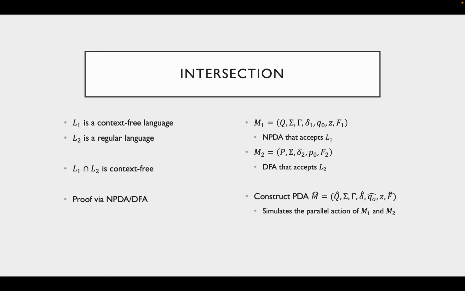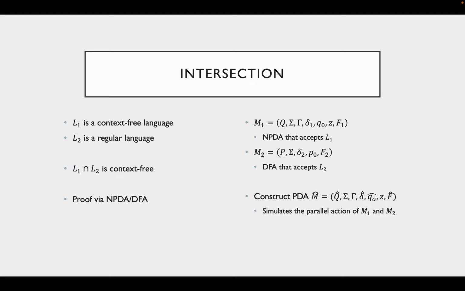So we are tasked with constructing an NPDA M hat, which has states Q hat, alphabet sigma, stack alphabet gamma, delta hat as our set of transitions, Q0 hat as our starting state, Z as our starting stack symbol, and F hat as our set of final states.